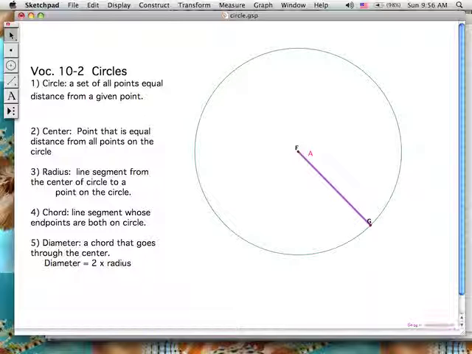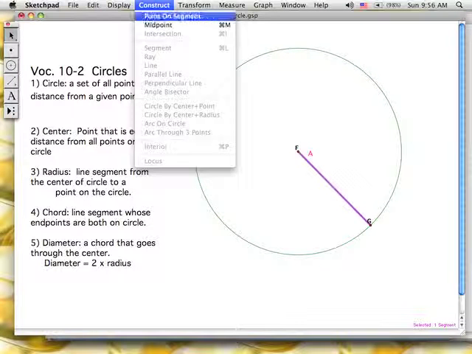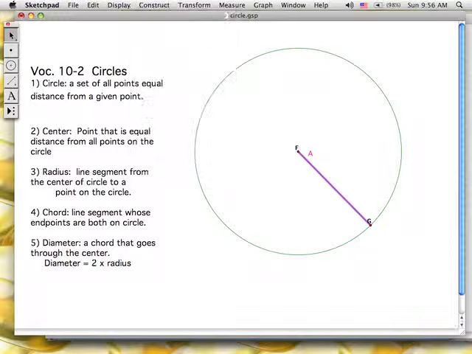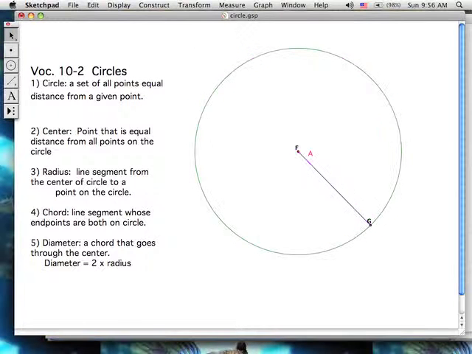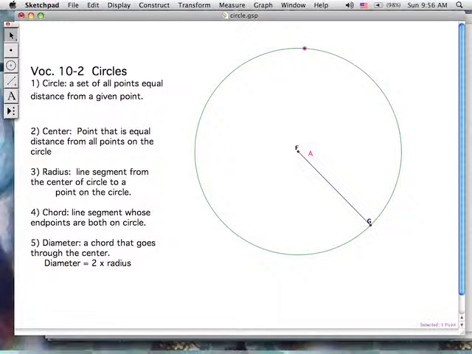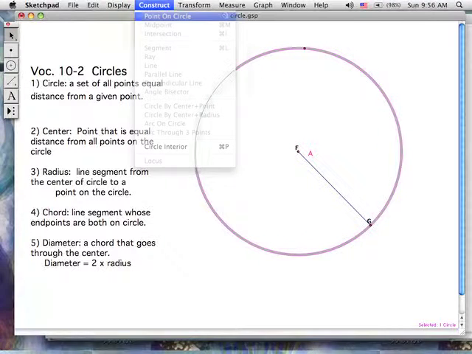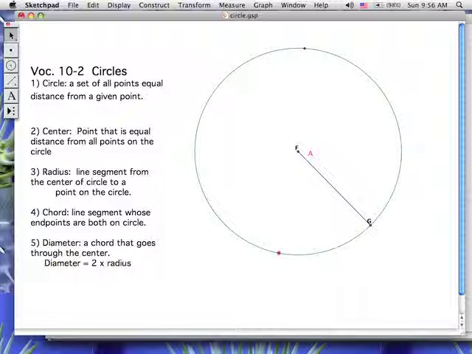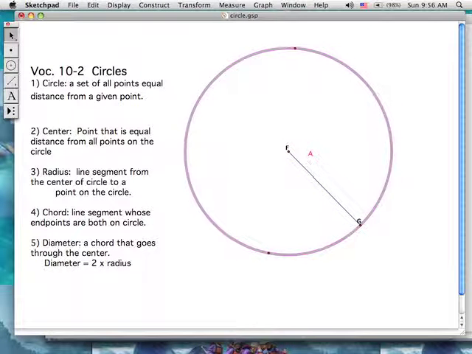And a chord is a line segment whose endpoints are on the circle. So I could choose the circle. I have to deselect everything. Choose the circle. Put a point on the circle. Choose the circle again. Put a point on the circle. And if I take that point, I'm going to move that point a little bit.